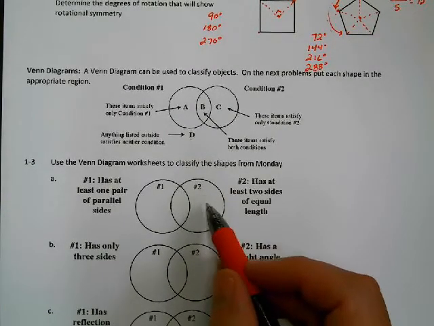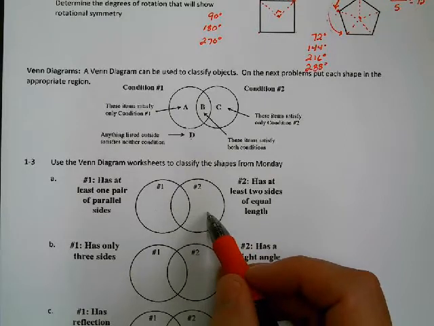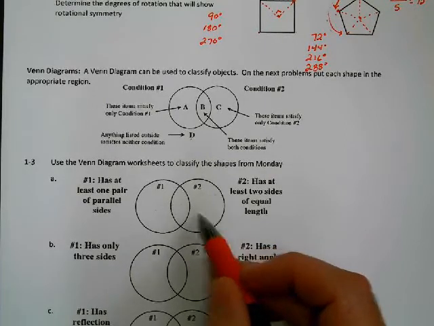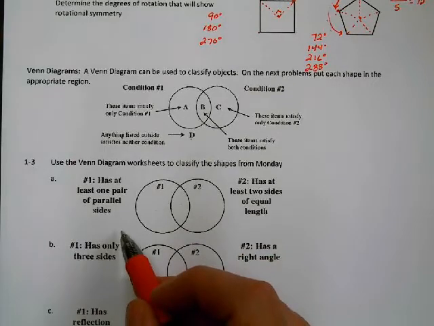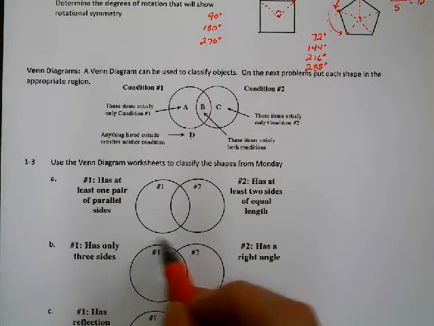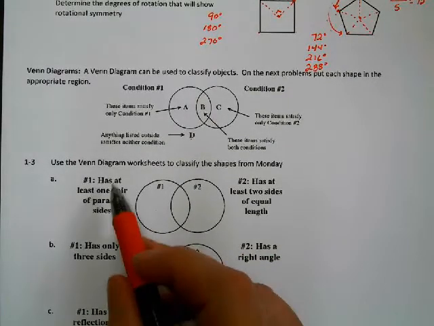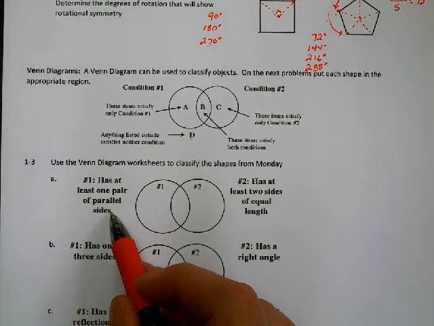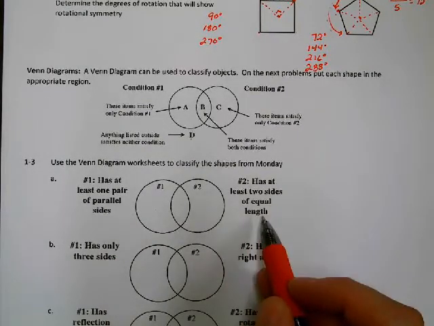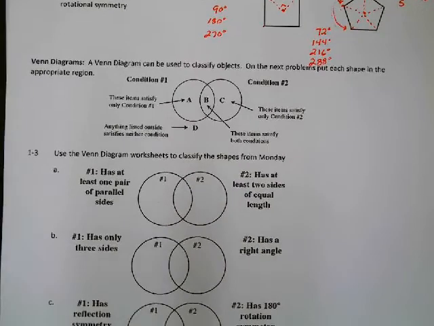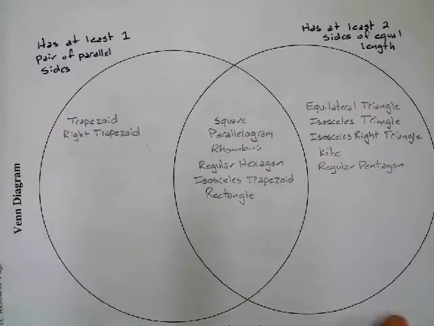I can get an isosceles right. And that would fit in here, but they don't have one pair of parallel sides. And then down here in this section, this would be has at least one pair of parallel sides and has at least two sides of equal length. So let's go ahead and take a look at how this might show up. So here I've got our Venn diagram.